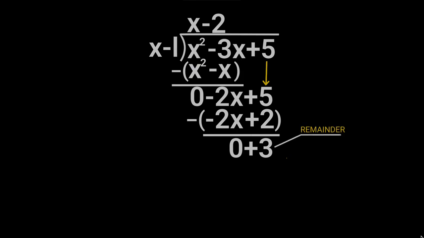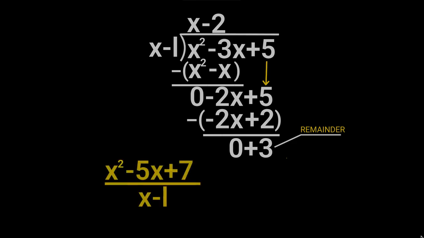So now when we have a remainder, the way we write it is, let's bring down the problem that we're trying to solve, and that is this one, and then we're gonna bring down the x minus 2, and then when we have a remainder, that is 3, we're gonna take that, we're gonna put on top of the divisor, that is x minus 1.